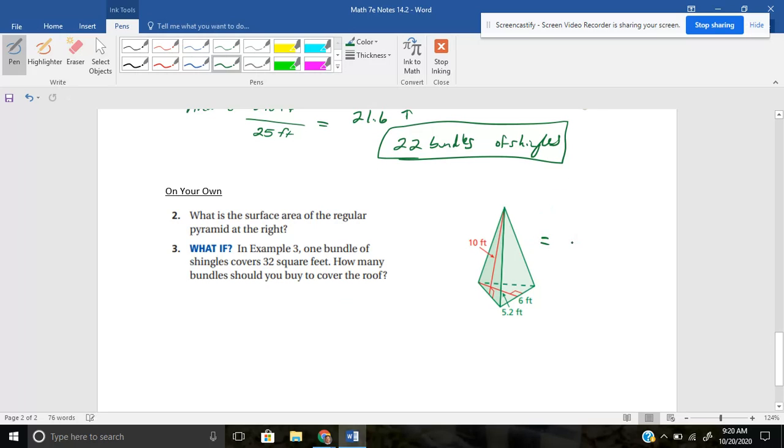You should come up with a total of 105.6 feet squared. And then in number 3, it says, what if in example 3, one bundle of shingles covers 32 square feet? How many bundles should you buy to cover the roof? So now instead of dividing our answer by 25, we should divide it by 32 and then round up. So you should get 17 bundles.